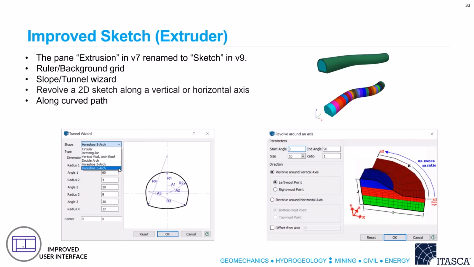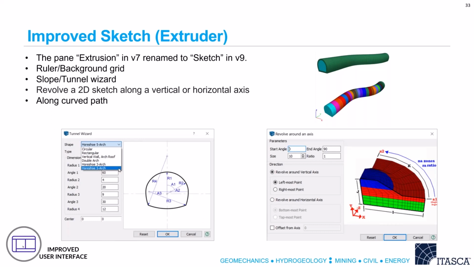So we have improved sketch. So from FLAC3D version 9, we renamed extrusion in FLAC3D version 7, and right now we name it sketch because we have FLAC3D and FLAC2D. We try to avoid the confusion. So in this sketch, we have ruler and background grid.